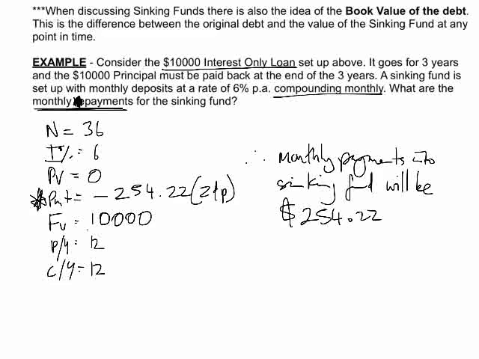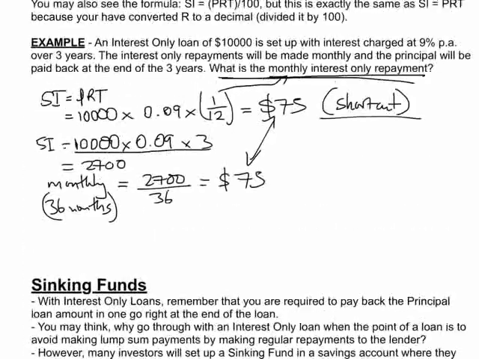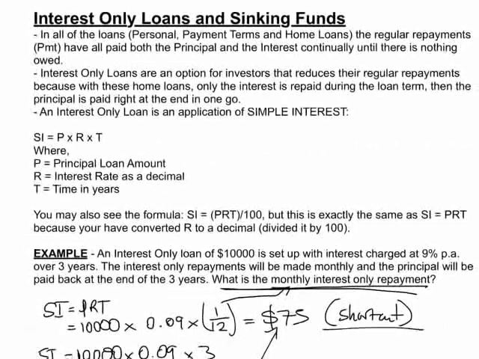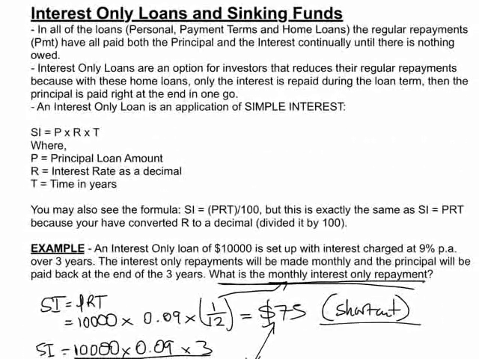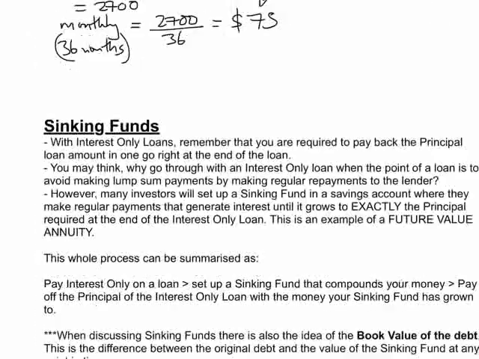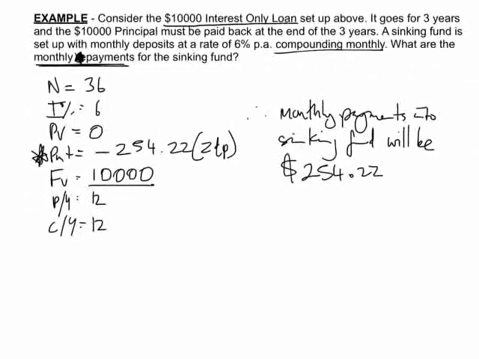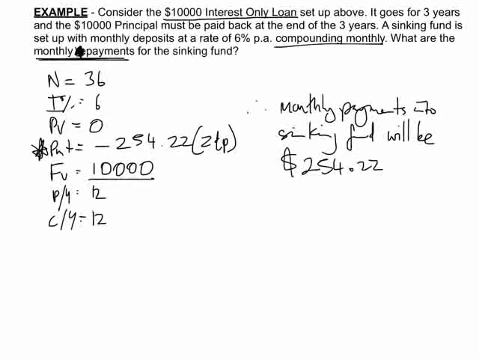That money it grows to, that $10,000, will be used to pay off the principal on the interest-only loan, okay, because they've only been paying interest through the home loan term. But one thing to remember here is that this future value annuity is generating interest.